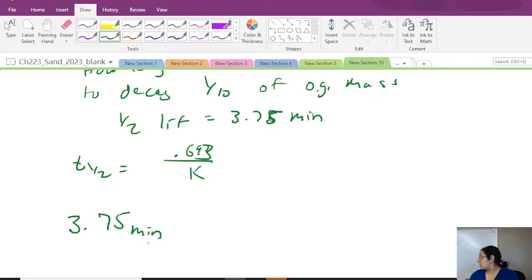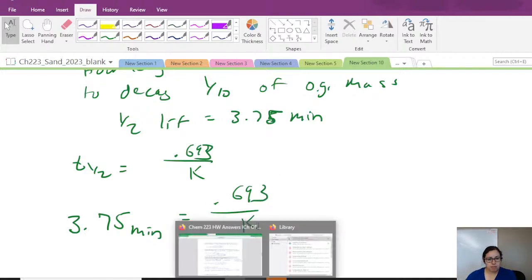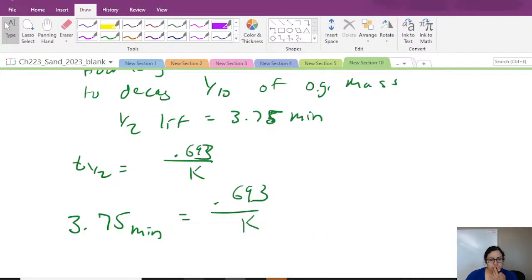This is minutes, so be consistent in your units. What does that give us for K?